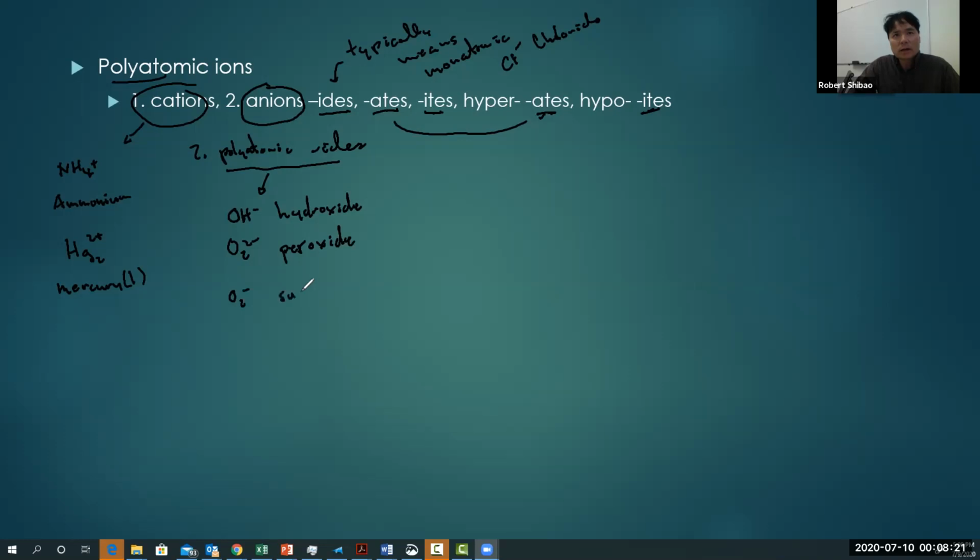O2- is called superoxide. Superoxide is important in COVID-19, coronavirus. And so I'll talk about superoxide. What else do we have? We have CN-. Does anybody know what CN- is? CN- is cyanide. What else with the ides?